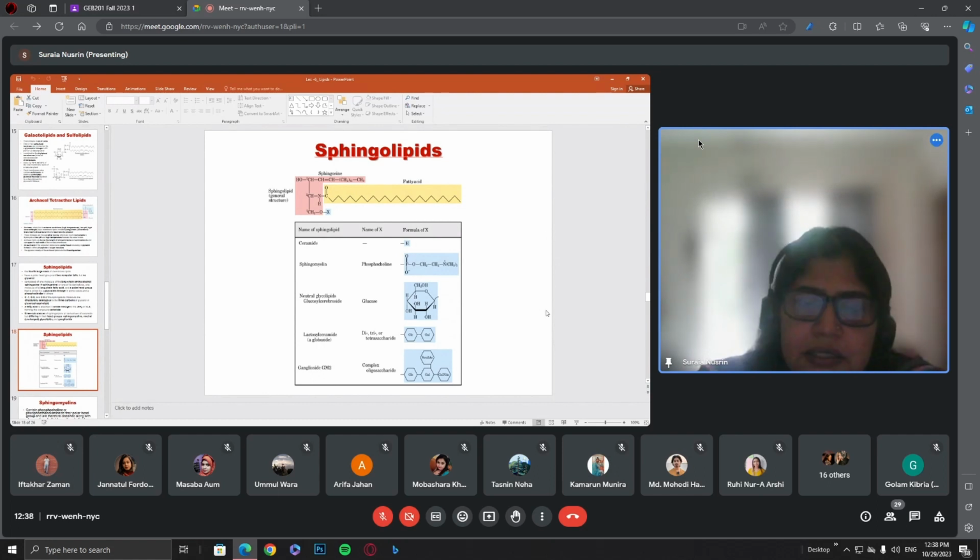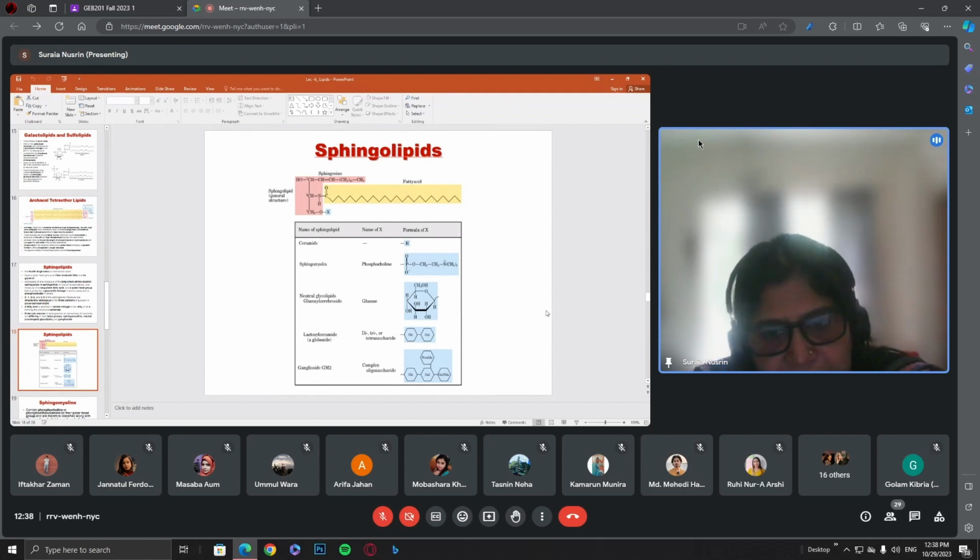Okay, now next, in the same way we learned in case of glycerophospholipid, the polar head group will be attached to the structure, and that can happen by phosphodiester bond or by glycosidic bond. So phosphodiester bond will be involved when there is a polar head group such as amino acid or other head groups.